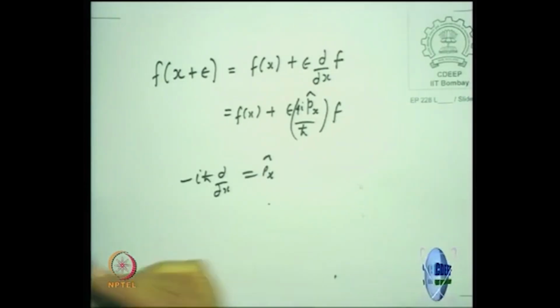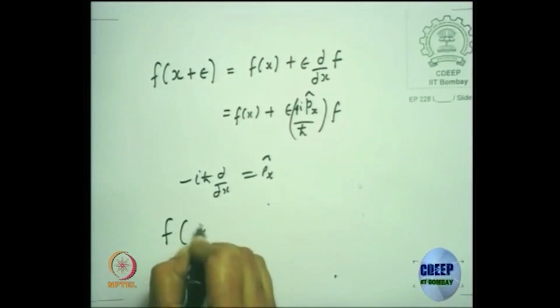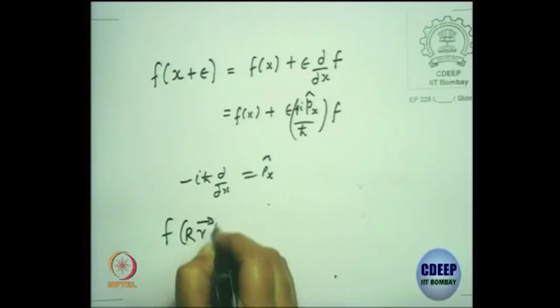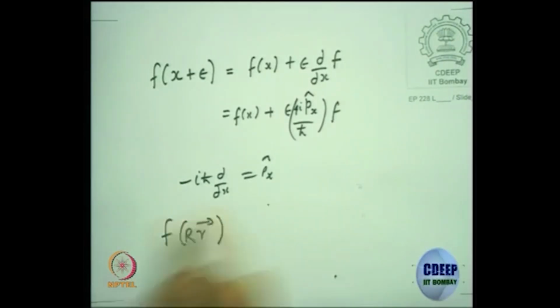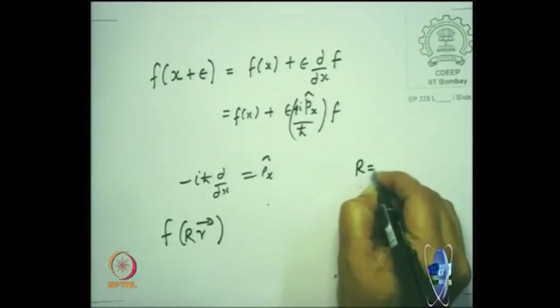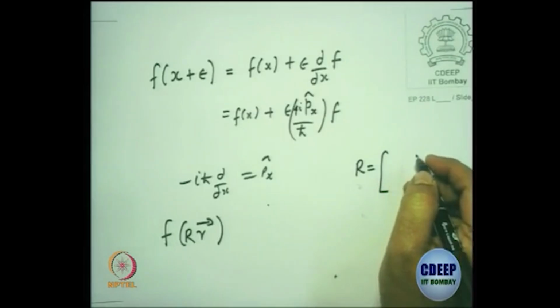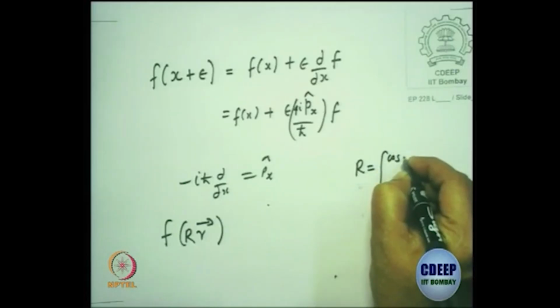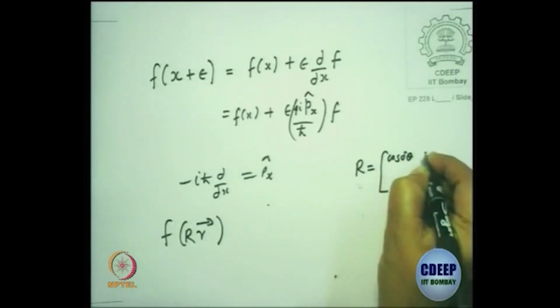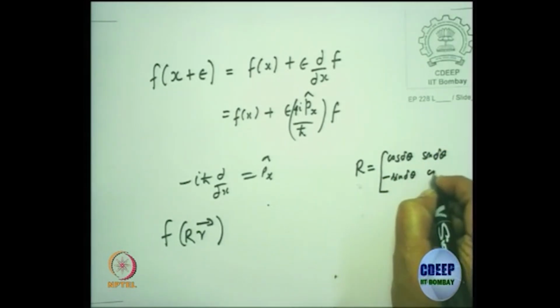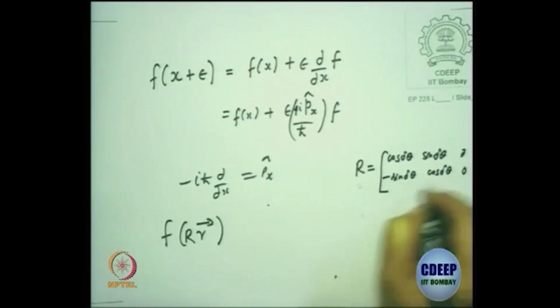So now I will ask you the next question. If I take an r vector and do an infinitesimal rotation, a rotation operator. What is a rotation operator? Let's take the rotation to be a rotation by a small angle about the z axis. What will that be? It is cos delta theta, sin delta theta, minus sin delta theta, cos delta theta, 0, 0, 0, 0, 1.